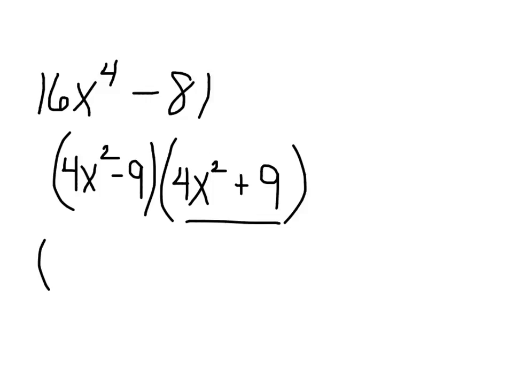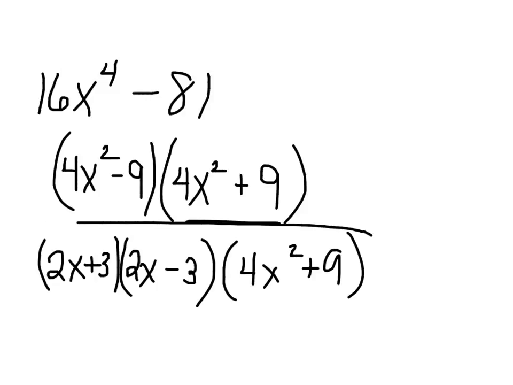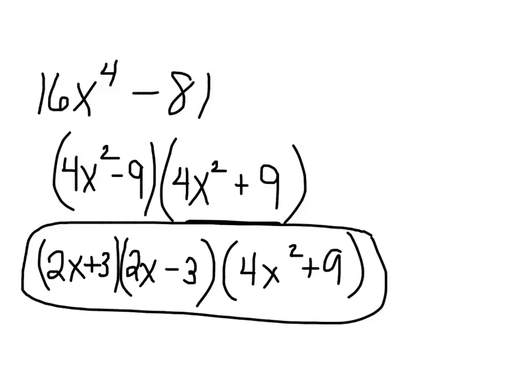But what times what gives me 4x squared? 2x and 2x, I heard Sierra mumble. And then what times what gives me negative 9, but adds up to be nothing? 3 and negative 3, whichever order you put them in. And that's as far as it can go.